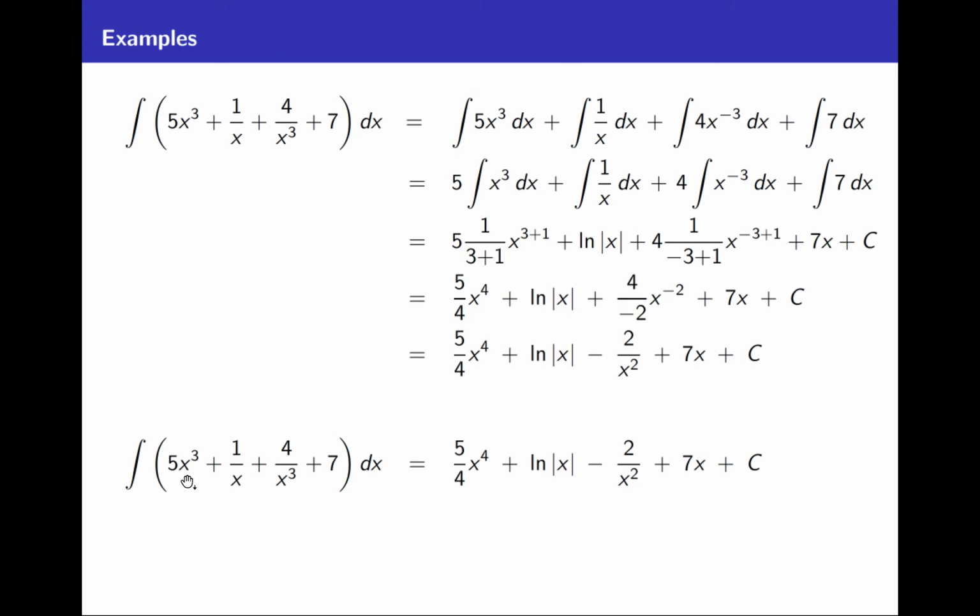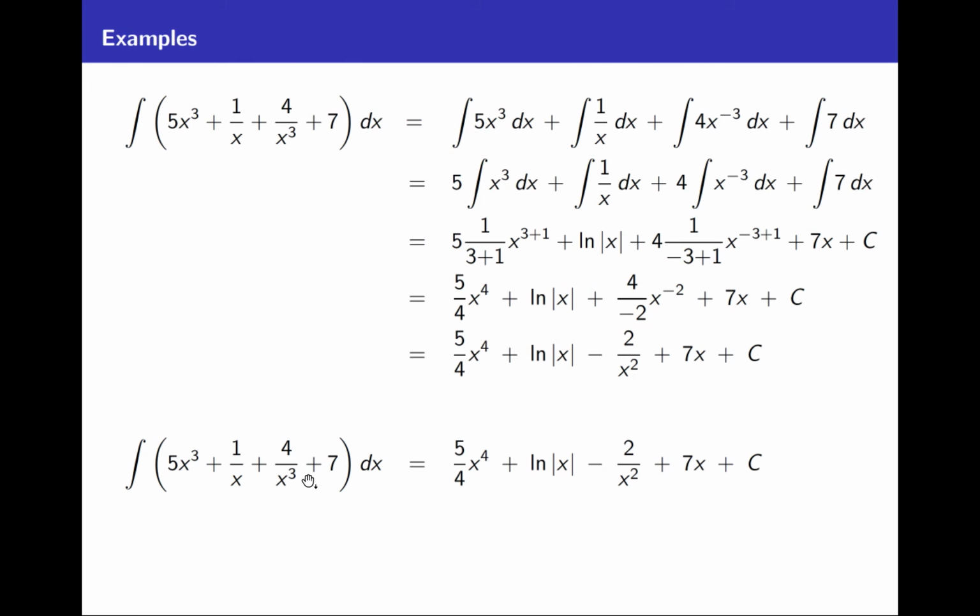You go, oh yeah, power rule for integration times 5 would be 5/4 x to the 4th. You do all of that in your head. Then you go, okay, antiderivative of 1 over x is ln absolute value of x. And then mentally you'd say, oh, well, 4 over x cubed, that's 4x to the power of minus 3.